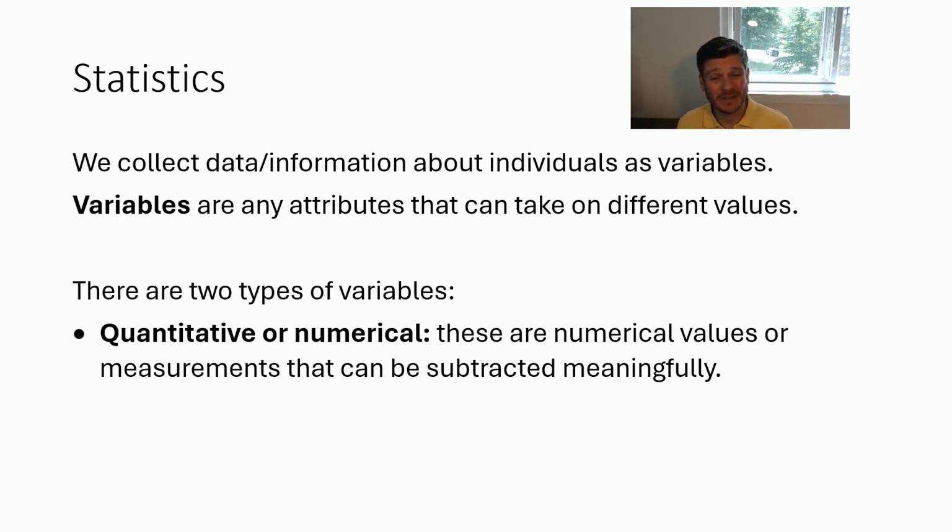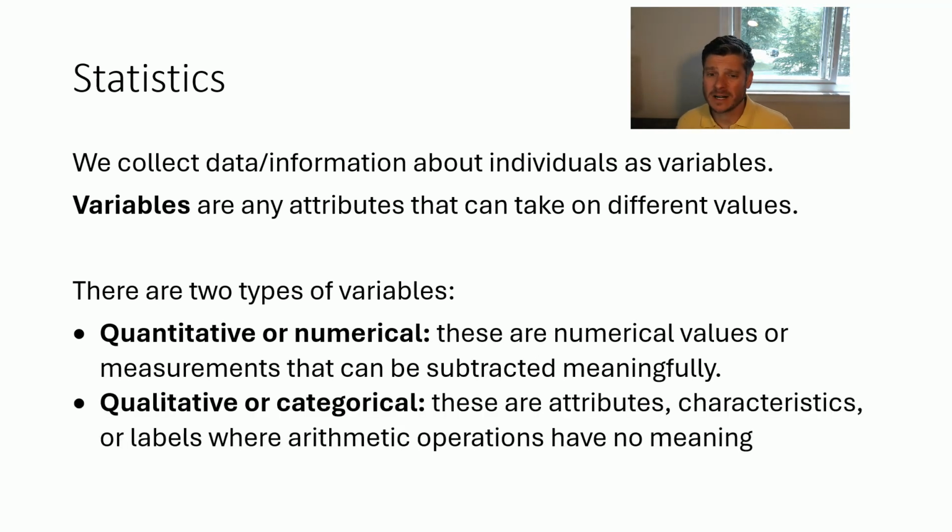So for example, if I knew the year that I was born and I knew the year that you were born, I could subtract those two years to figure out the difference in our ages. So because I can subtract that, then the year that we were born is absolutely going to be a quantitative or numerical variable. So quantitative means quantity, it means numerical. That's our first type of variable.